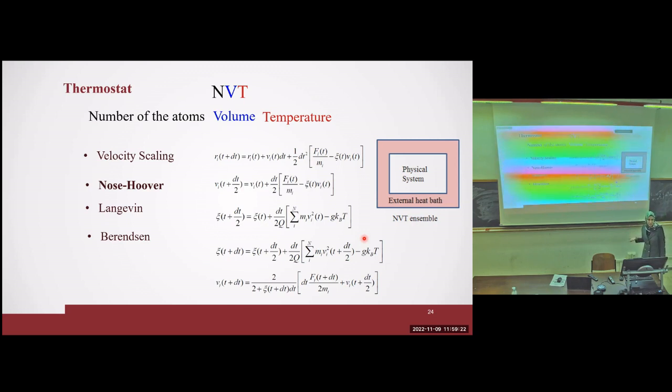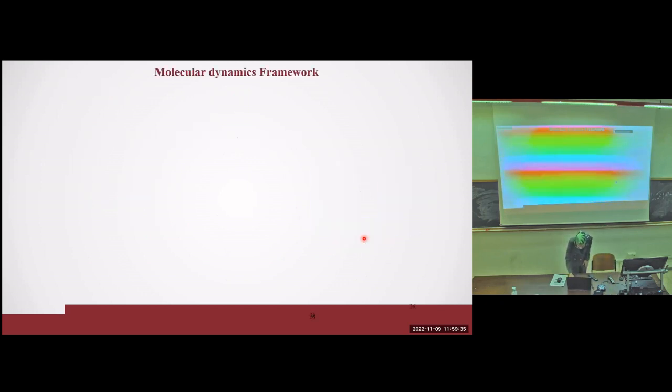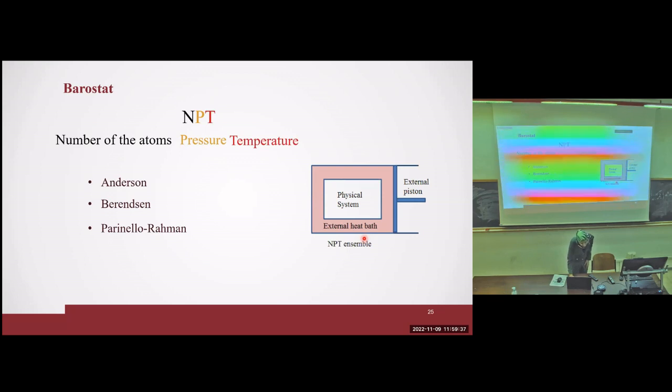It gives another degree of freedom to the system. And you see that the simple equations of velocity become a little complicated. We have the same thing for the NPT ensemble. We have Andersen-Parrinello-Rahman, and this is the one which changes the shape of the simulation box.